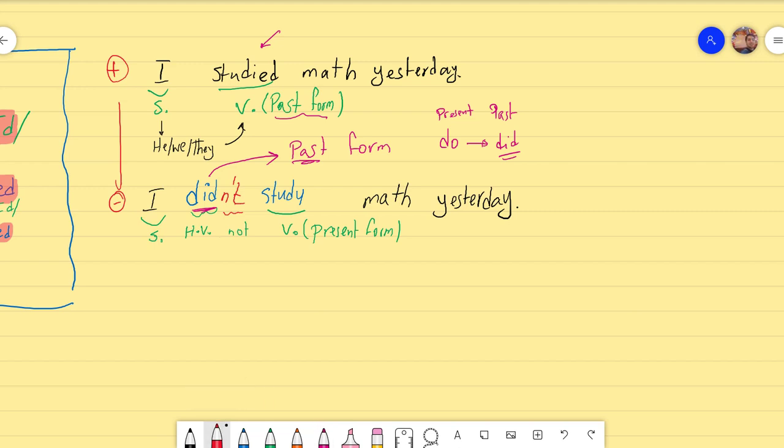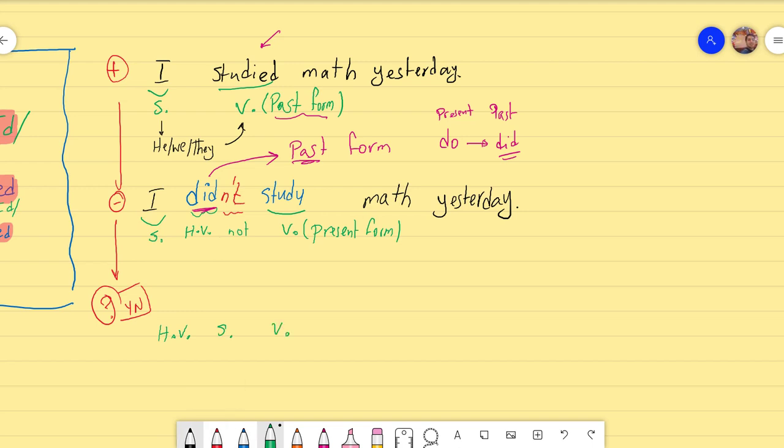Excellent. Now let's talk about yes-no questions. For a yes-no question, what do we do? First, we need the, let me write it here, helping verb. Then we need the subject, and then we need the verb.